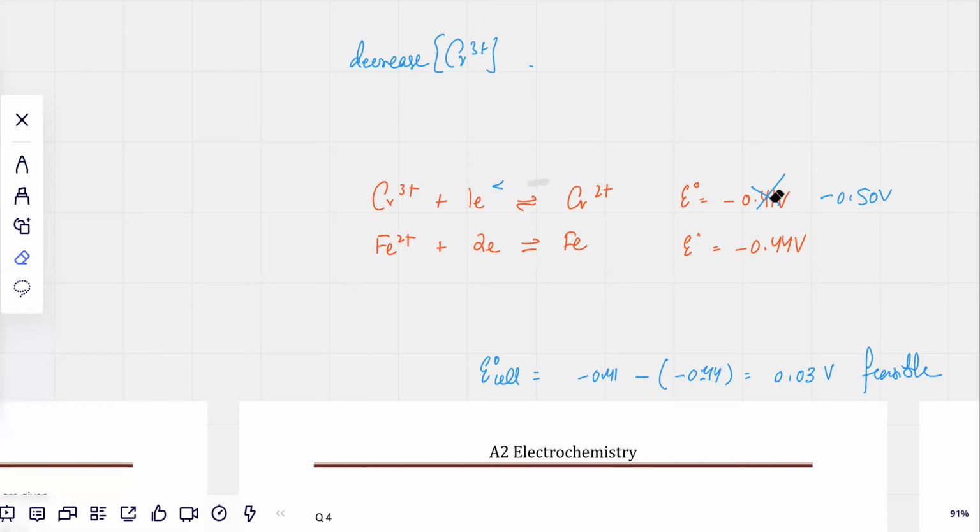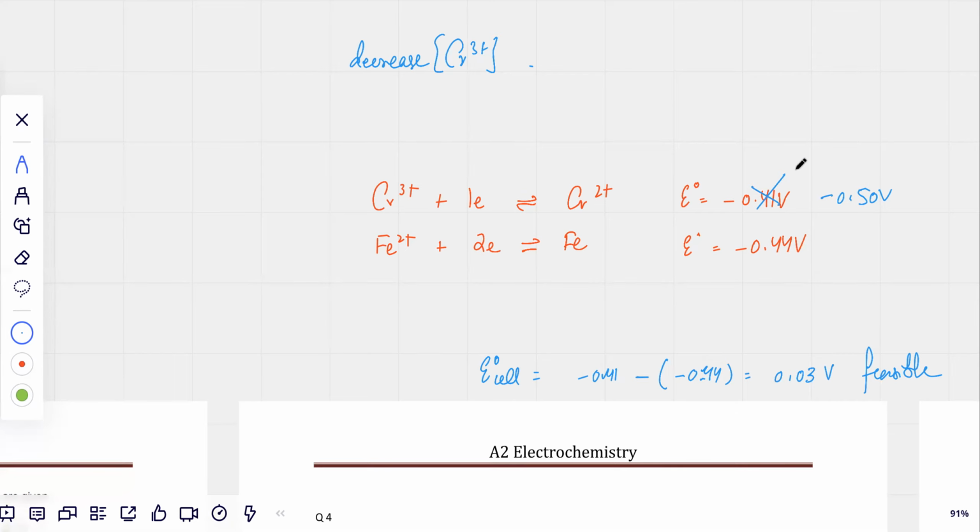So the point is, decreasing the Cr3 plus concentration has made one of the electrodes more negative. Now, which one is the higher potential? This is no longer the higher potential, because the other is the higher potential relatively now.